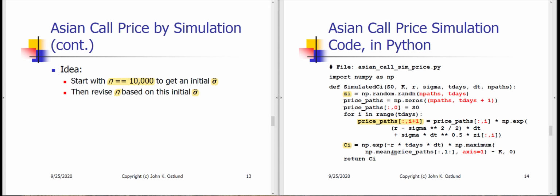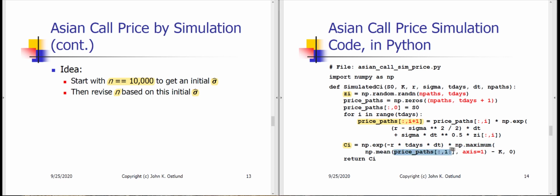Okay? So we're going to compute the mean of all of the trading days for each path, starting from the sub 1 column, because the sub 0 column is just the initial stock price.